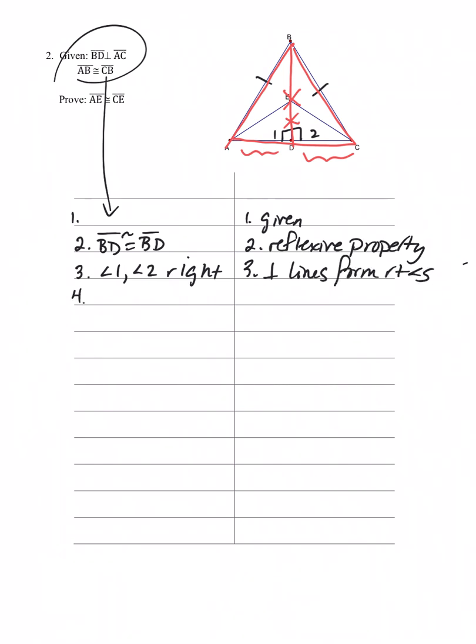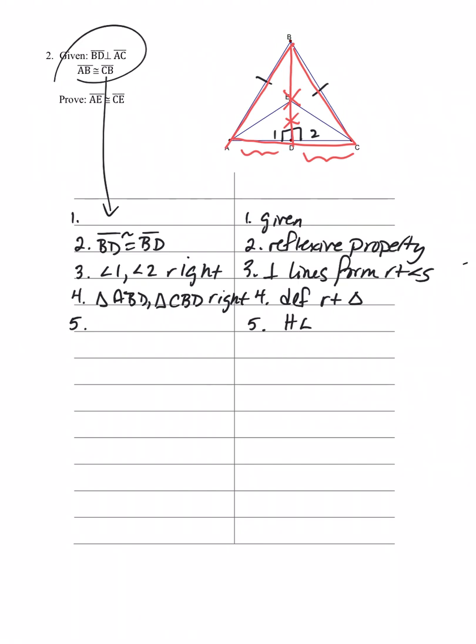So then we can establish that we have right triangles. So triangle ABD, triangle CBD are right triangles. That's the definition of a right triangle. Feel free to write a triangle with a right angle is a right triangle. So now we can employ hypotenuse leg.